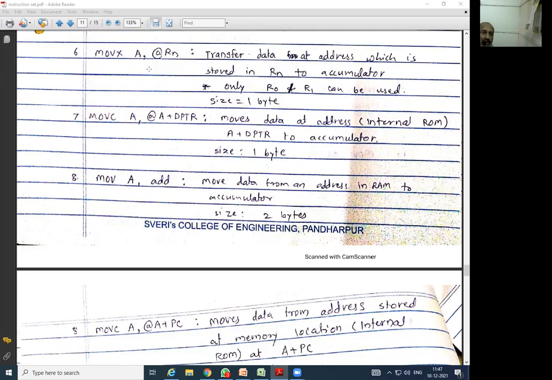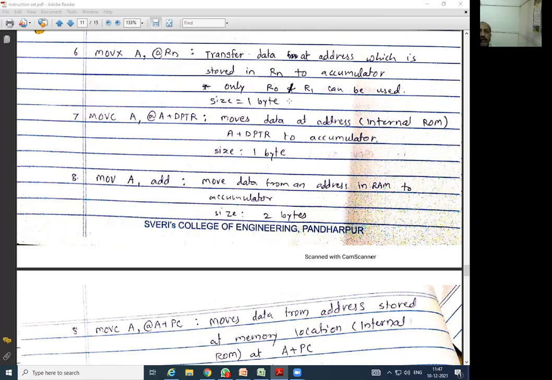So MOVX A, @Rn. What is it doing? It transfers the data at the address which is stored in Rn. या rn मध्ये जो ऍड्रेस आहे त्या ऍड्रेसवर जो डेटा आहे, so that is transferred to the accumulator.